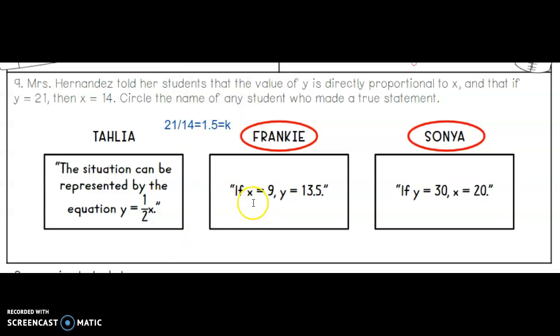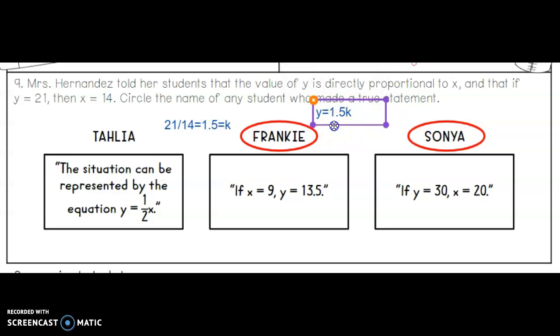Now, Frankie said that if x equals 9, y is going to equal 13.5. So let's test that out. We found our direct variation of y equals 1.5x.